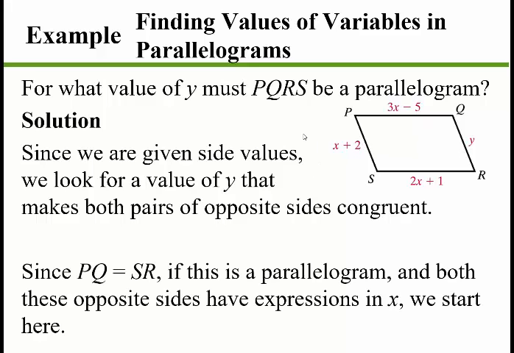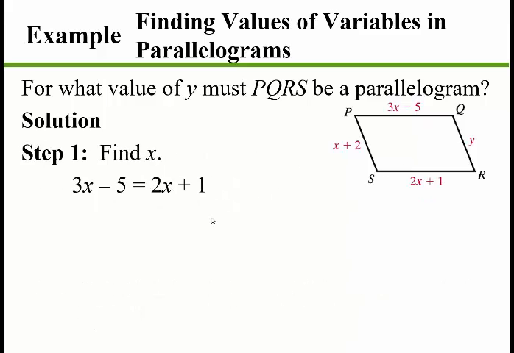All right, since PQ is equal to SR, if this is a parallelogram, and both the opposite sides have the expression of x, we start there. So set these two sides equal to each other, like this. Subtract the 2x over like this, add the 5 over, you get x is equal to 6.